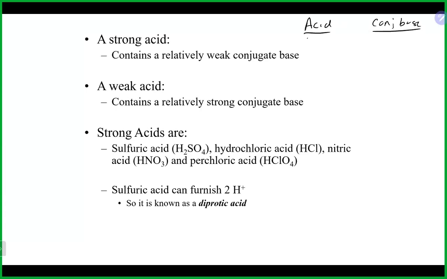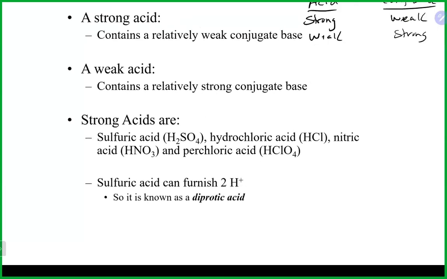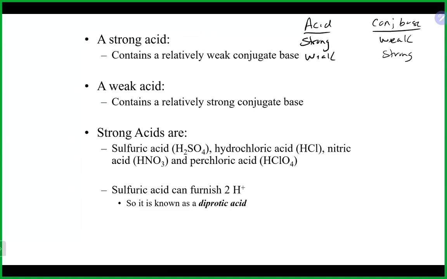If you have a strong acid, its conjugate base will be what's considered a relatively weak conjugate base. So sort of an opposite relationship. If you have a weak acid, its conjugate base will be relatively strong. Now, when we talk about a strong conjugate base in this case, it is not a strong base like sodium hydroxide.